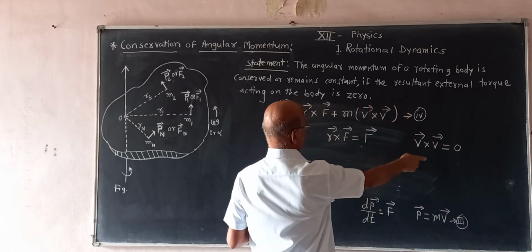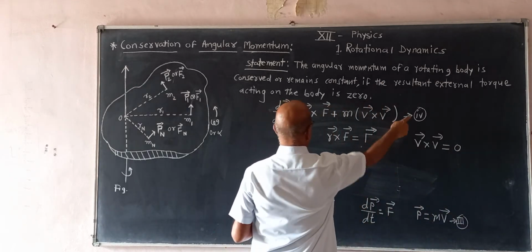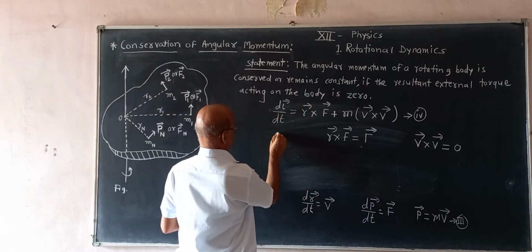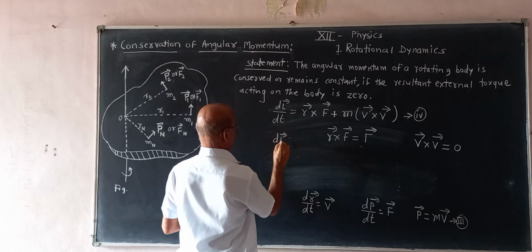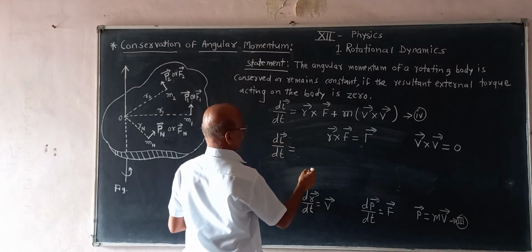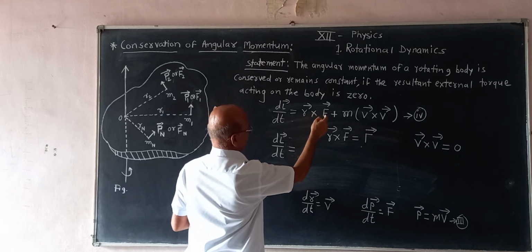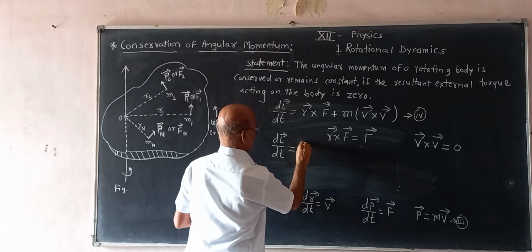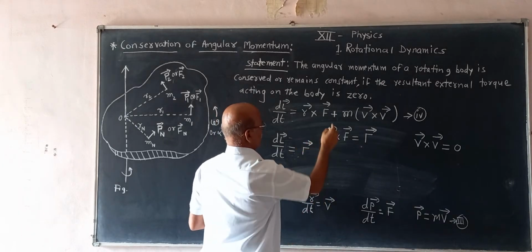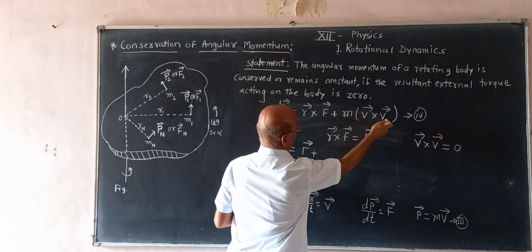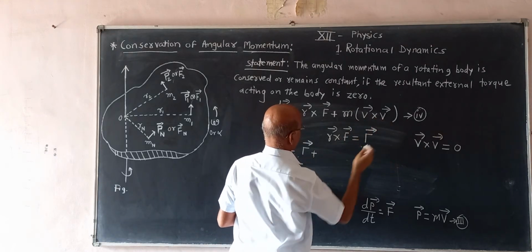So putting these two values in equation 4, dL vector by dt equal to vector r cross vector F, whose value is vector tau, plus m v cross v, whose value is 0.